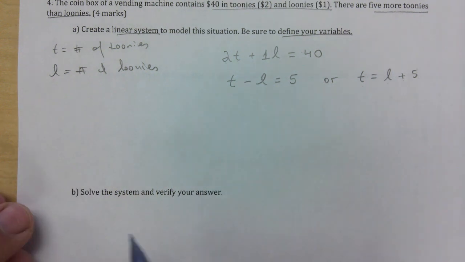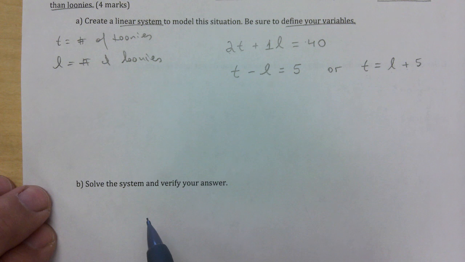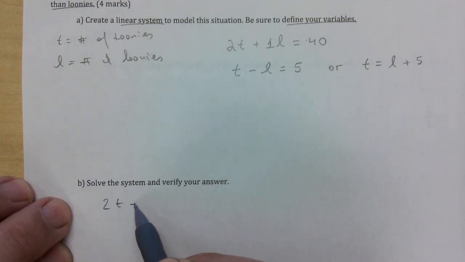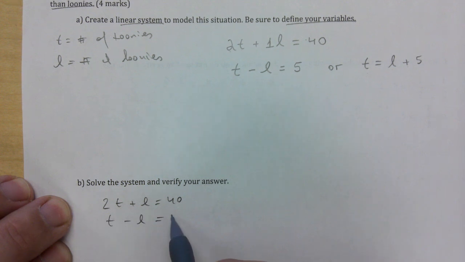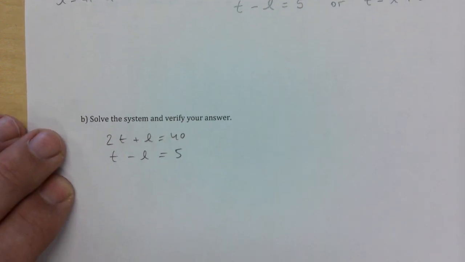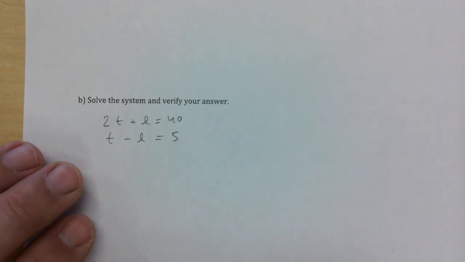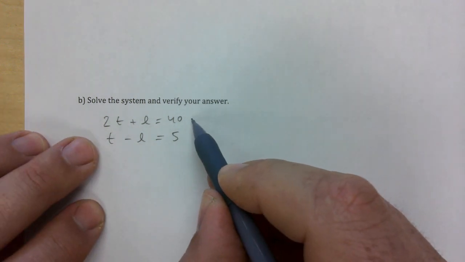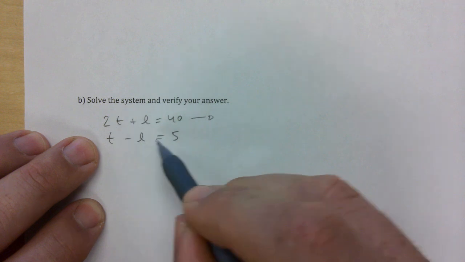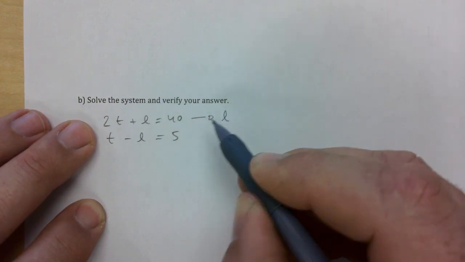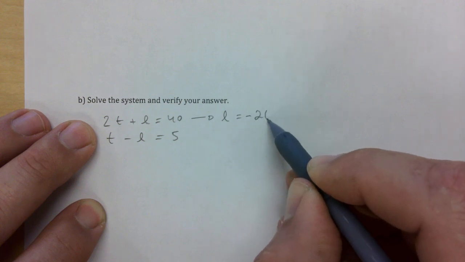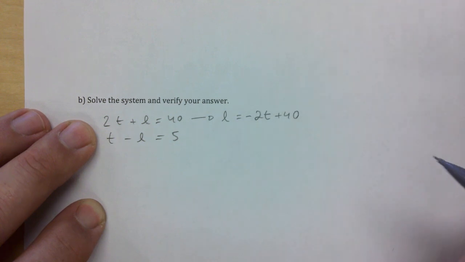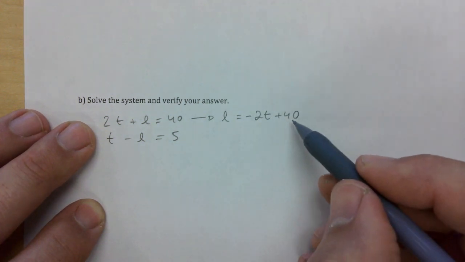Okay, and then solving the system, most of the time you will solve by substitution. Not that you have to. Okay, so that's our system, and maybe you can rewrite this one, and you go that loonies is equal to the 2t comes over and the 40 is still there, right? So I've isolated that.